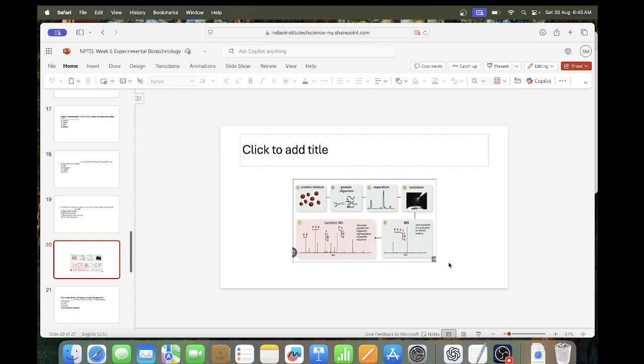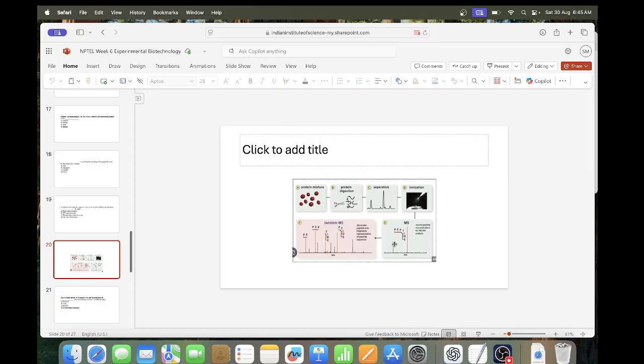To be able to tell the sequence, we digest our protein randomly with a protease, and we will have different fragments of our protein. We ionize them and allow them to fly. In the second step, called tandem mass, meaning there are two steps of mass spectrometry happening, we get peaks for different masses, different m by z ratios.